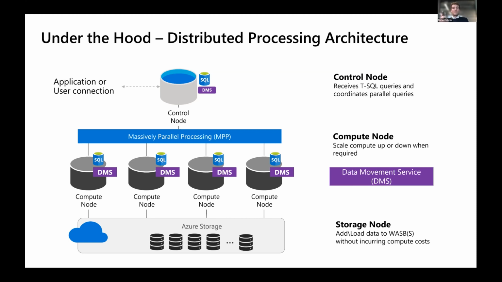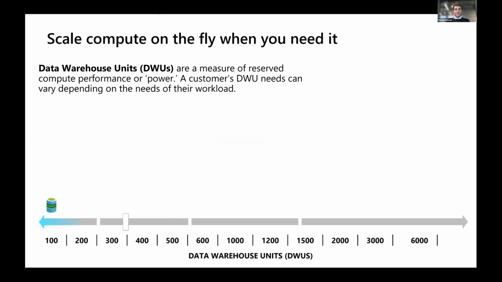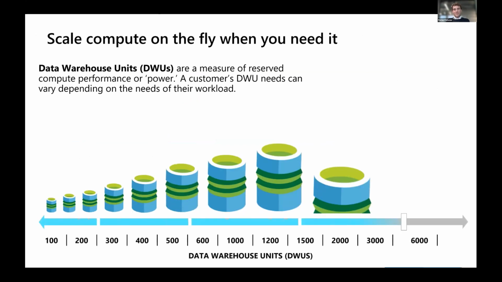So this is a massively parallel processing architecture which distributes the workload across several nodes. If you're coming from a traditional on-premise SQL Server world, then this might be a bit different. I'll also explain what the differences are compared to a normal SQL Server database, but I'll come back to that in a minute.